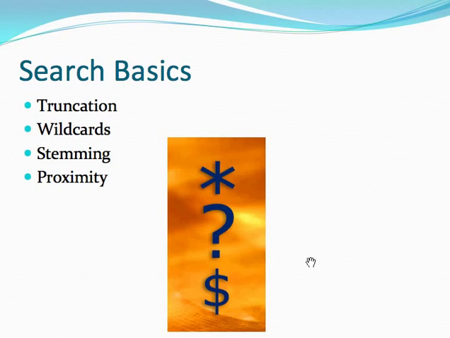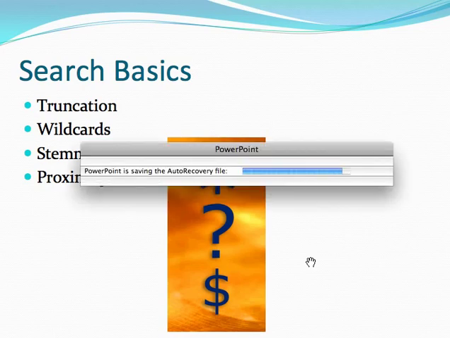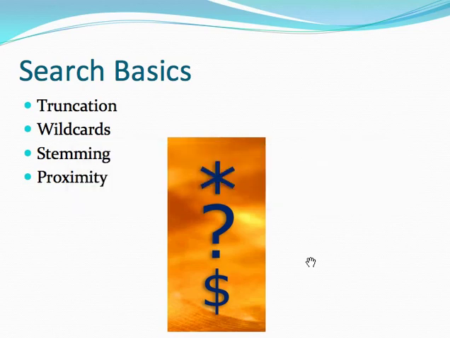Another thing that we can use when we do search is use truncation, wildcards, stemming, and proximity. This is something that is database specific. Not all databases use the same symbols for, for example, truncation or wildcard.